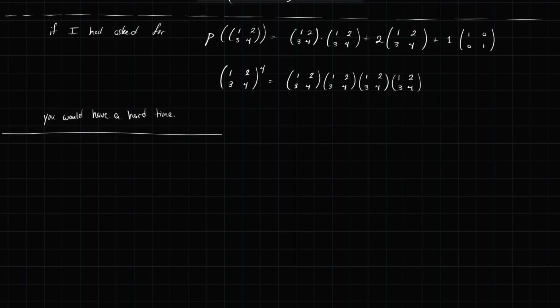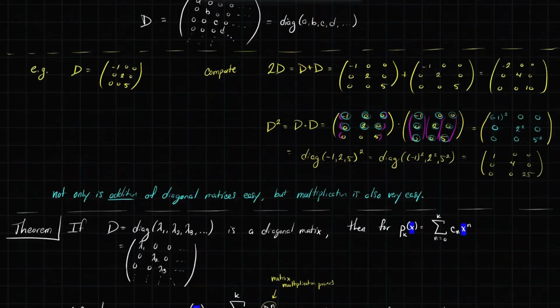Okay, so that kind of brings us into the process of diagonalization. Diagonalization, the entire title of the chapter. What if we could change this matrix, 1, 2, 3, 4, into a diagonal matrix?